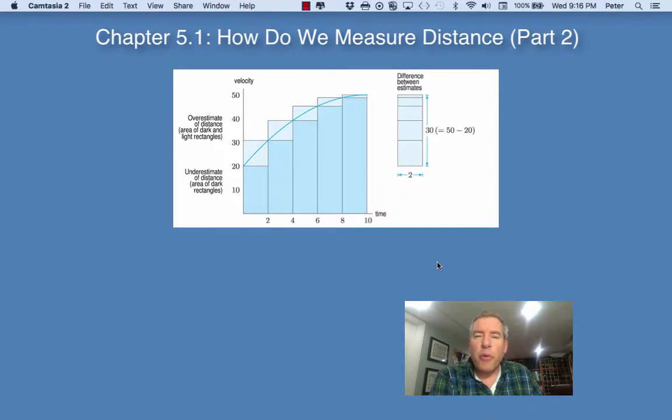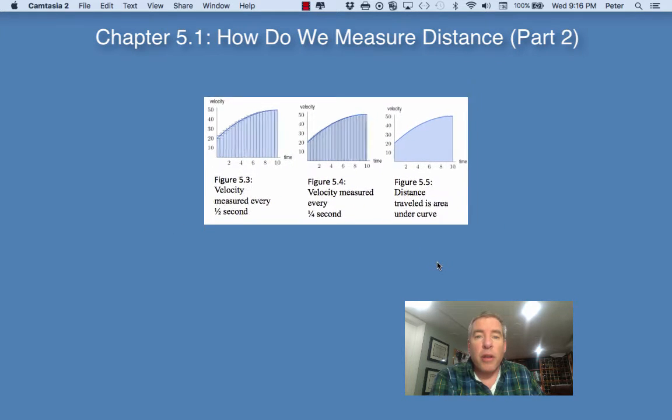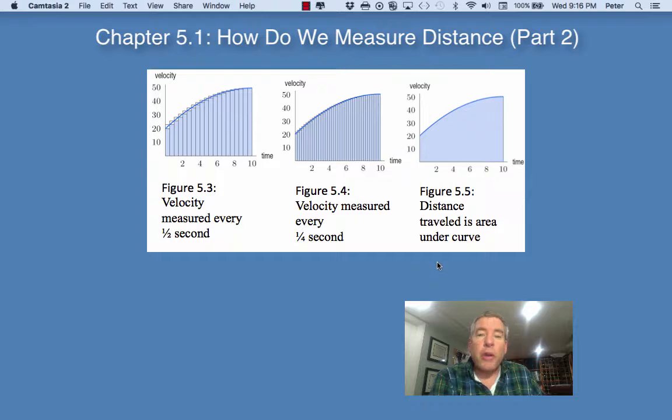So it became clear that if we took more and more of these rectangles and made them thinner and thinner, we'd get a more accurate representation of the area under the curve. And so hopefully we're going to stumble upon discovering the very interesting relationship between the area under the curve and a value that we're going to be able to use in calculus.